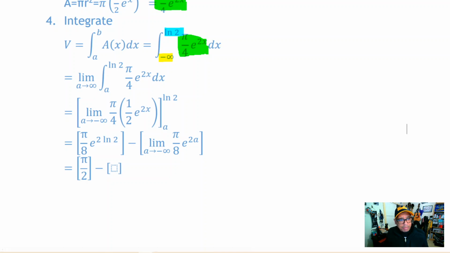Now in the second bracket here, we have e to the 2a, and a is going to negative infinity. So think about what that means. We're saying that a is going to negative infinity.